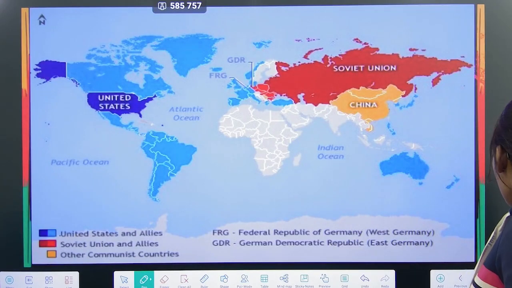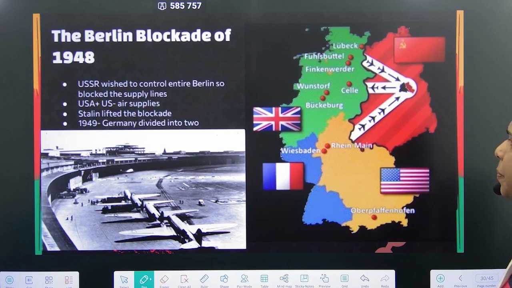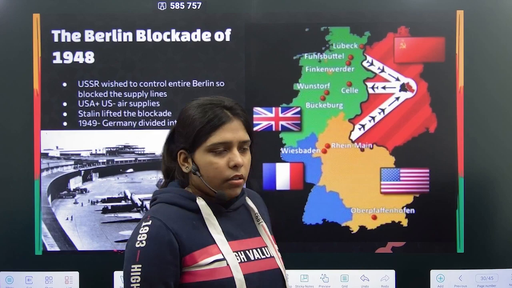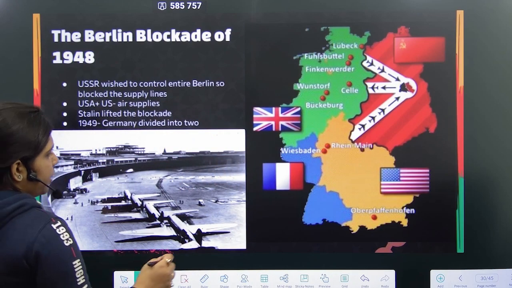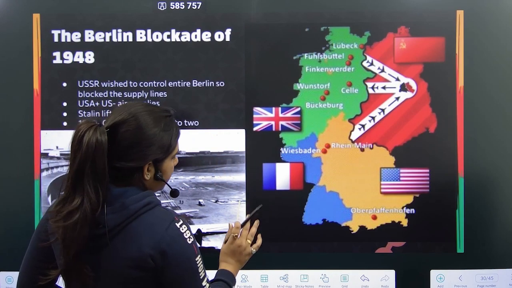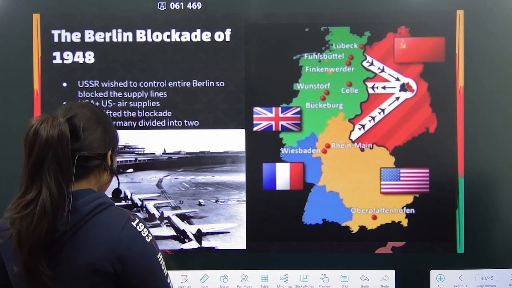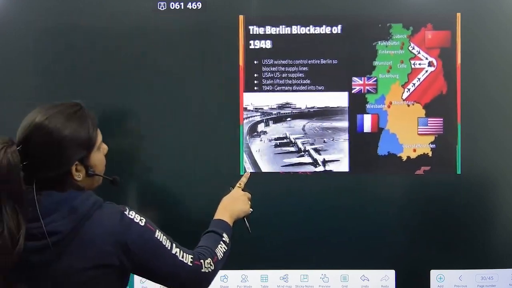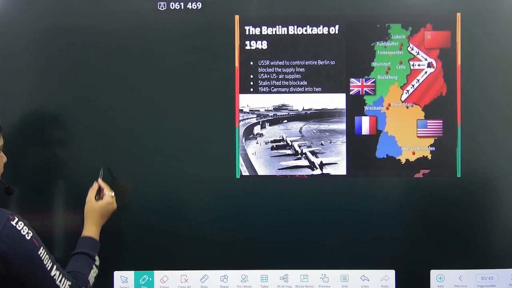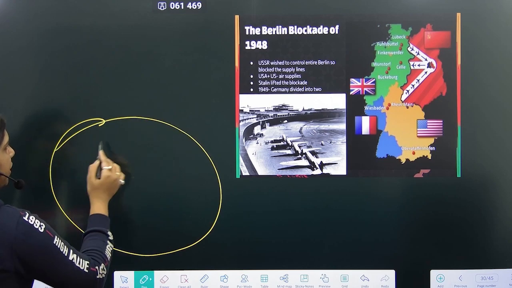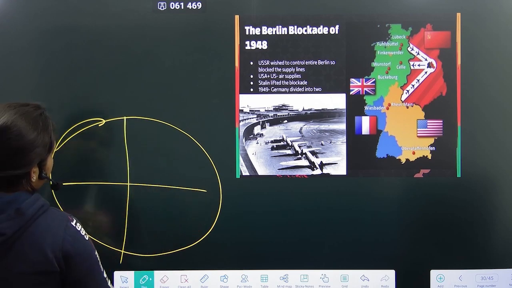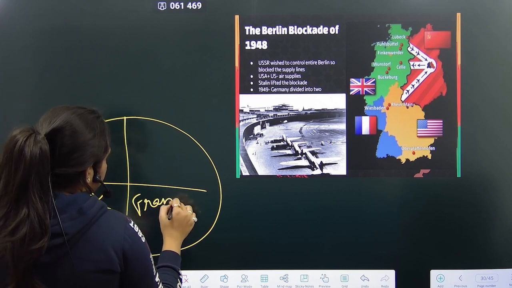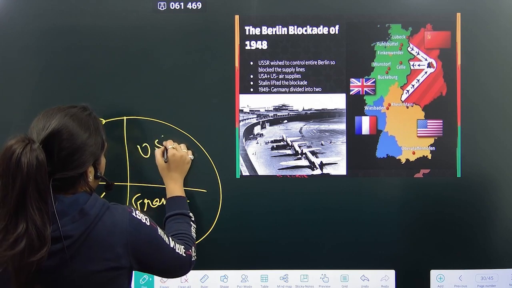All right, we already had a look at the map, so we don't need to look at it again. Try to understand the Berlin blockade now. Let me explain the situation. Let's say this is Germany divided into 4 zones: US, UK, France, USSR.